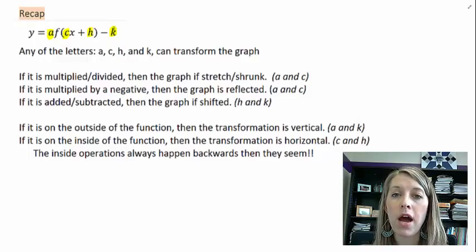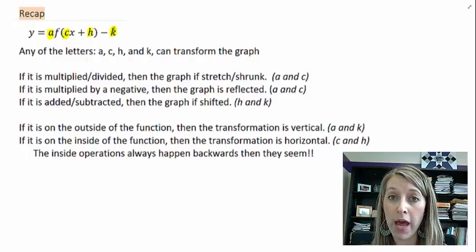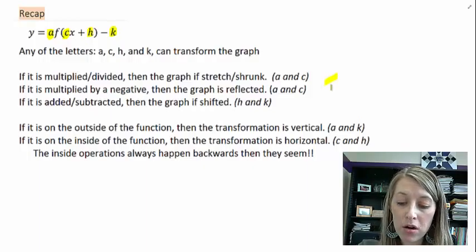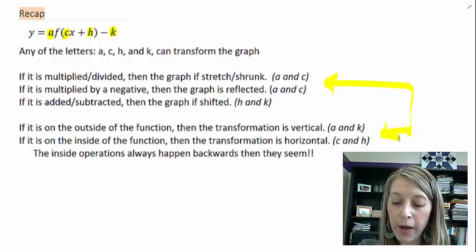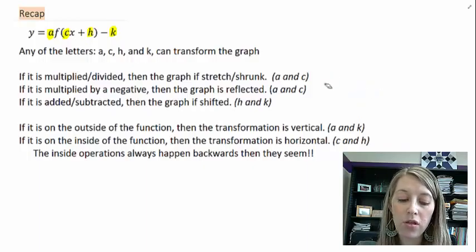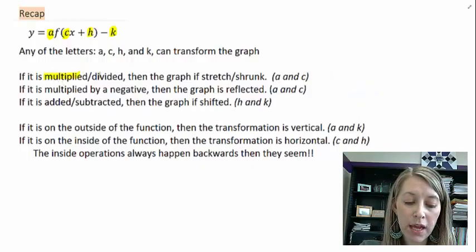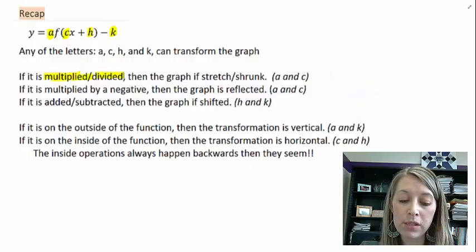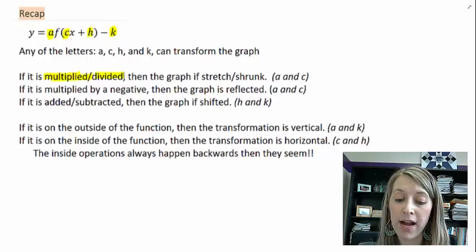And so we need to figure out, if something's given to you in this format, what do all of these letters mean? And so I've tried to separate it in two ways. And if you partner these two ways up, it should tell you exactly how the transformation should be. If the operation is multiplication or division, and the way that we would see a division is if it's multiplied by a fraction, then the graph is stretched or shrunk.